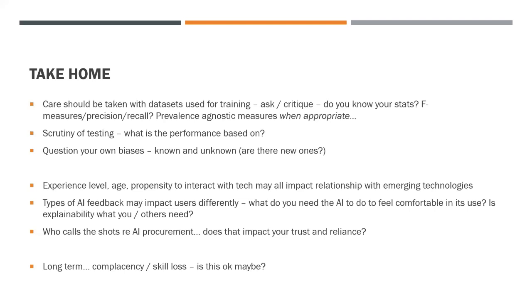And over the long term, what about complacency? What about skill loss? Skill loss is categorized as something which is terribly bad. And is it? I don't know. We're now using dictation software all the time. Maybe our typing skills are a little bit slower. We have to question, is that a bad thing? Has that freed you up to do other tasks as well?